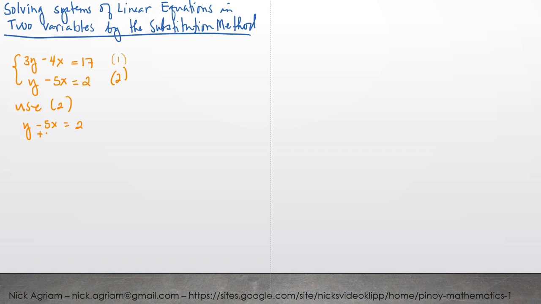If I add 5x to both sides of the equation, then I have y is equal to 2 plus 5x. I usually name this as my third equation. It is not a different equation from 2, but it is expressed in another way. So I'm going to name it.